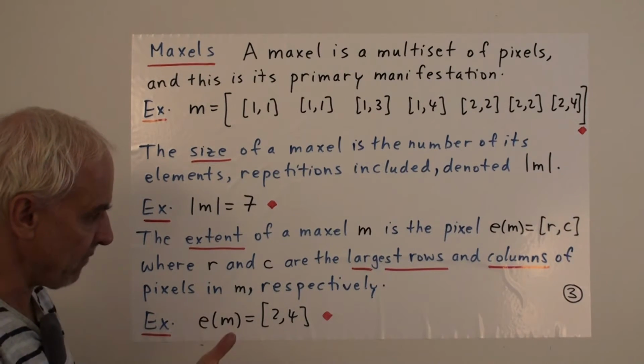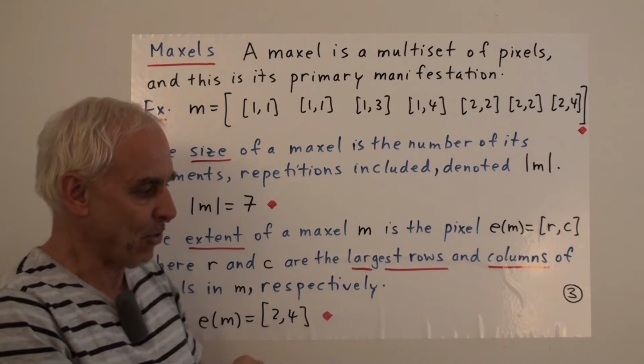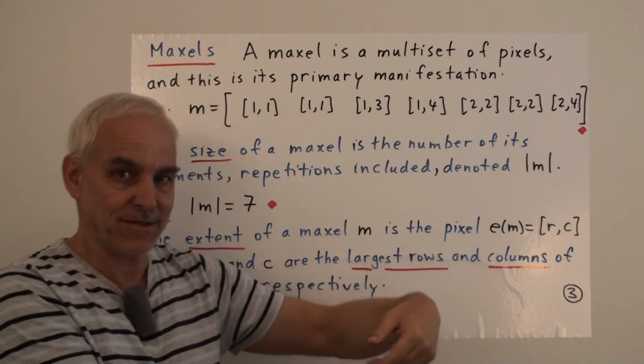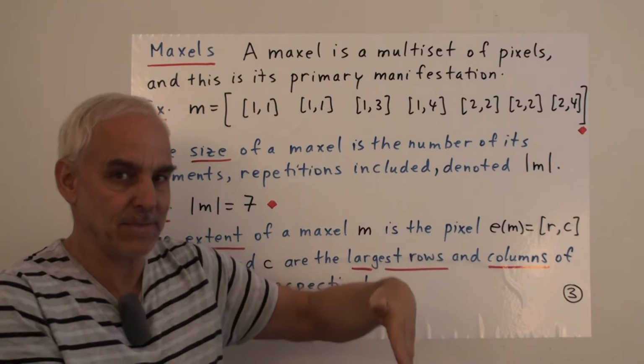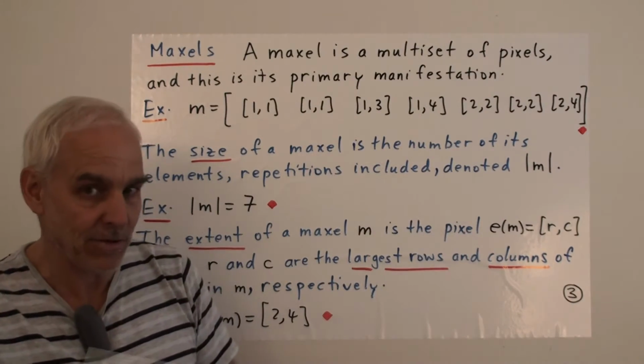That's another way of specifying, especially on the screen. It corresponds to the smallest rectangle that we can create that frames entirely our multi-set, our Maxwell.